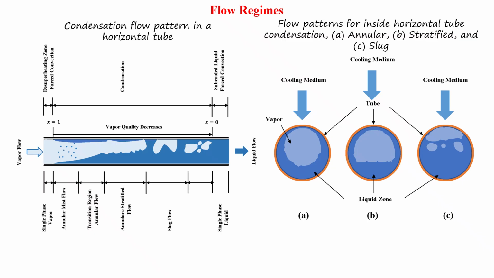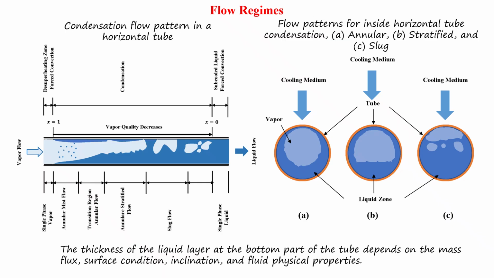The condensation flow inside the horizontal tube is described in these figures. For fully developed annular flow pattern, there is a thin uniform condensate layer, as we have mentioned, and the entire tube wall in the condensation zone is covered by this layer. Therefore, the heat transfer is controlled by vapor shear and turbulence.